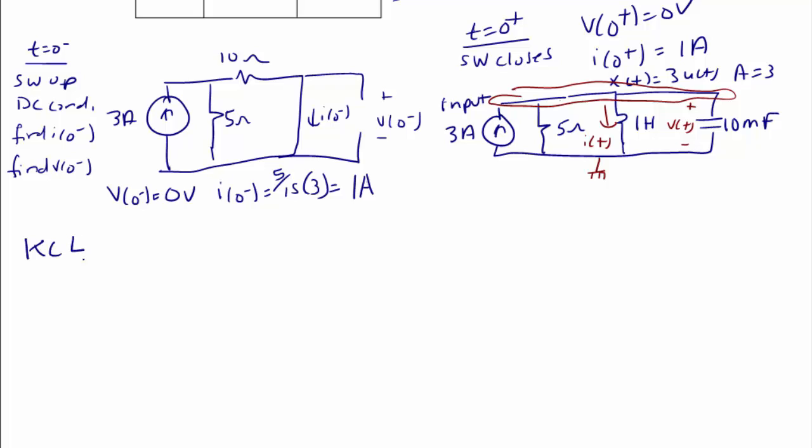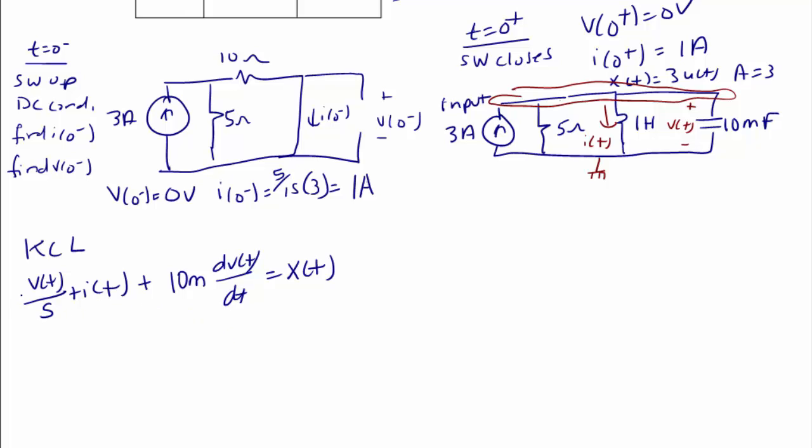The current through the resistor is V of t over 5, plus the current through the inductor, I of t, plus the current through the capacitor, 10 milli dV of t dt, and this equals the input, which is x of t. This will be my first equation.